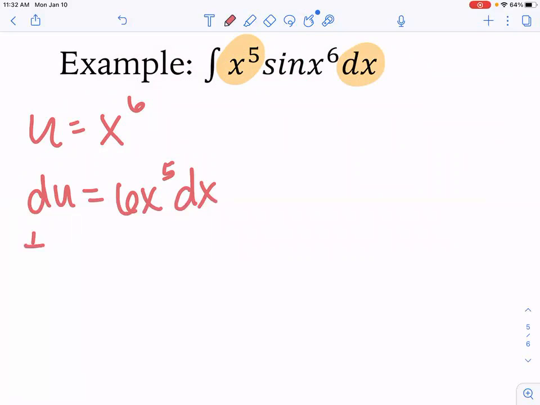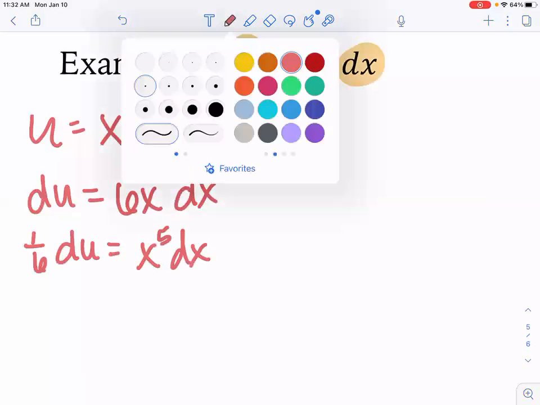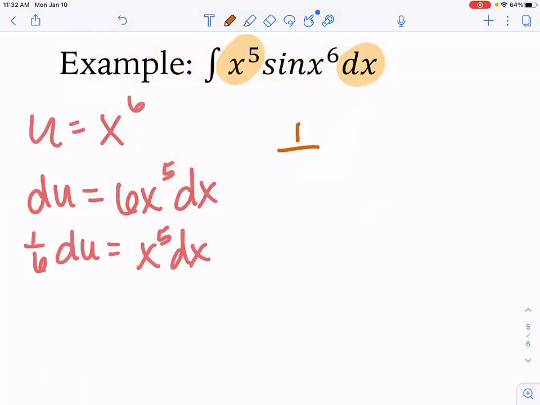So in order to replace x to the 5th dx, we will need to divide that 6 over to be with our du. So we have 1/6 integral sine of u du.